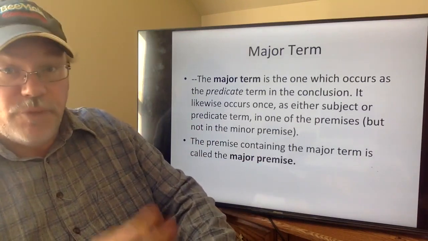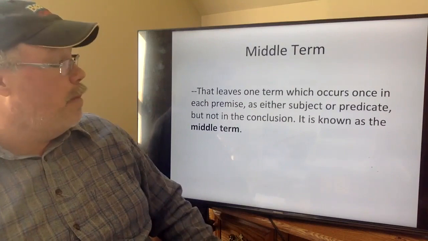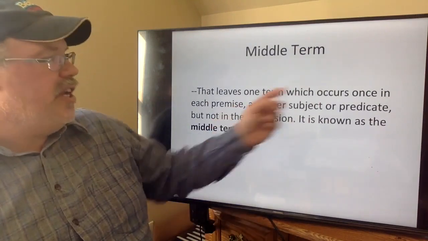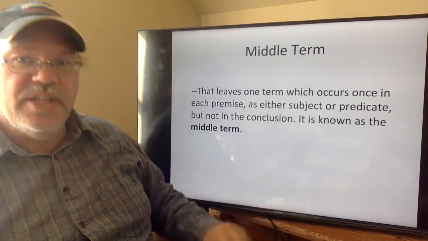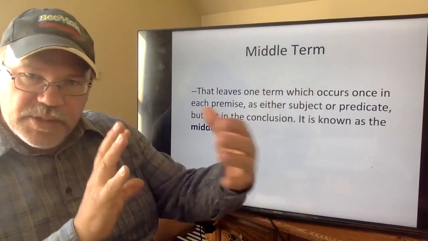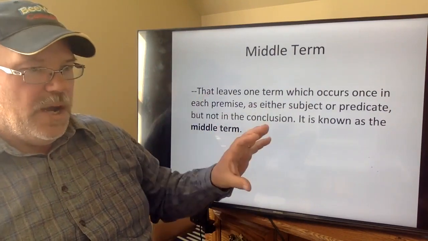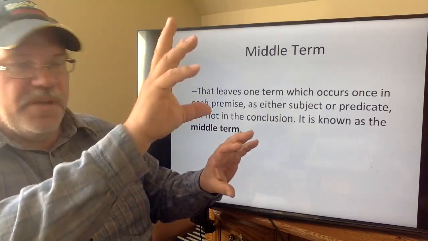We've named two terms. The third one is the middle, and it occurs in each premise, but not in the conclusion. We call that the middle term. It's connecting the argument together in the middle. We have minor, major, middle.